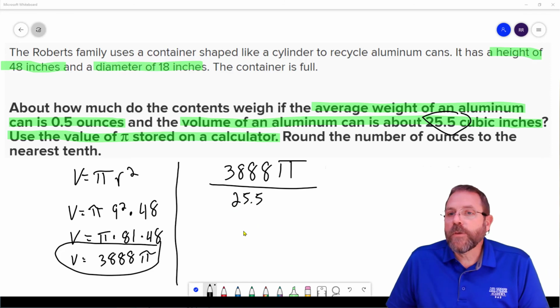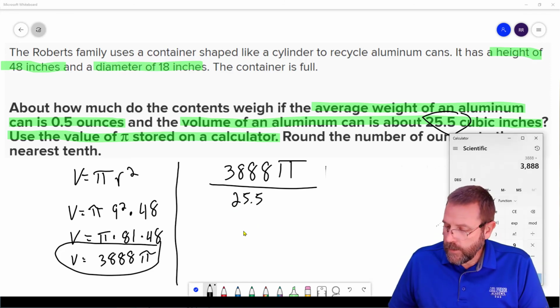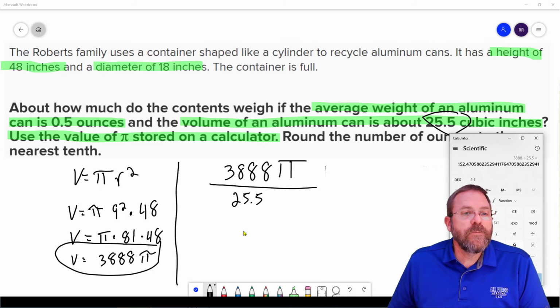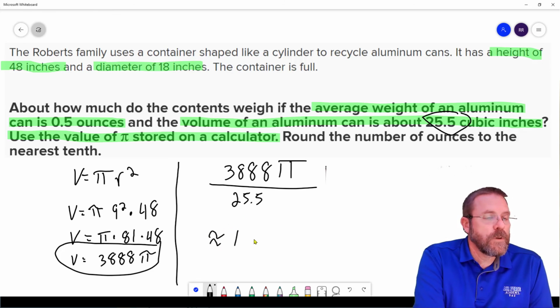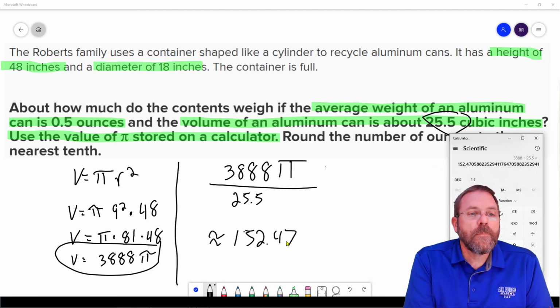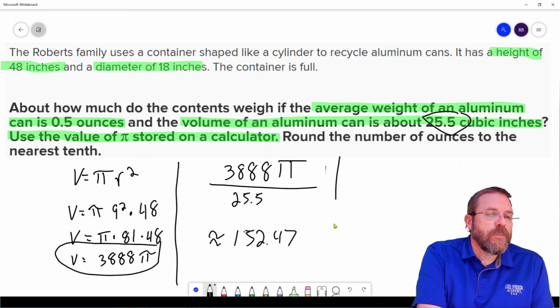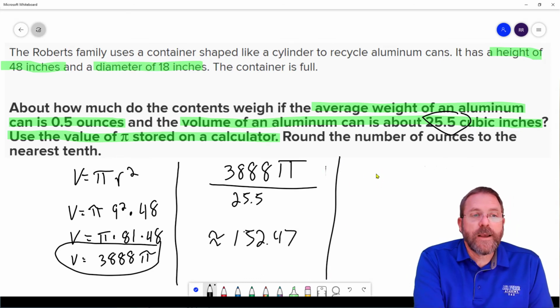So I'm going to take my 3,888, divide that by 25.5, and that's going to give me about 152.47, which I'm going to write down here, but I'm going to use what's in the calculator, 152.47, and yep.